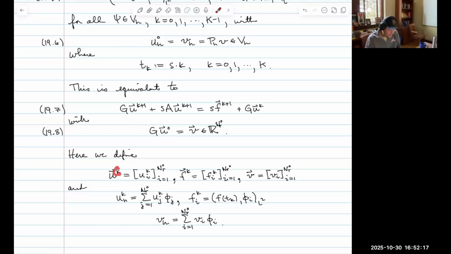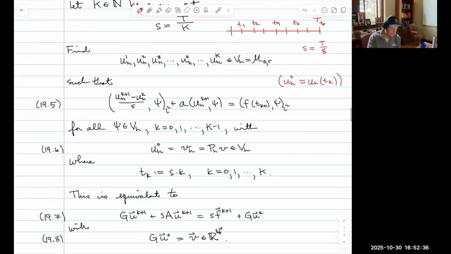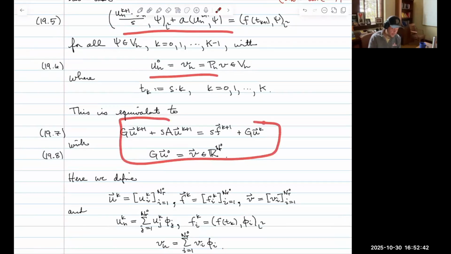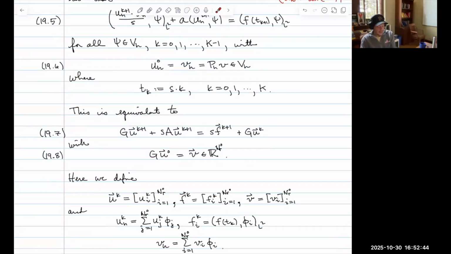By the way, none of these are powers. These are all superscripts. So this vector is defined through these coordinates, and the coordinates are given here. And I won't go through all the details of this. It's a fairly simple conversion, and it's left as an exercise, going from here to here. And I hope that you can see how to do that after we've done it above.